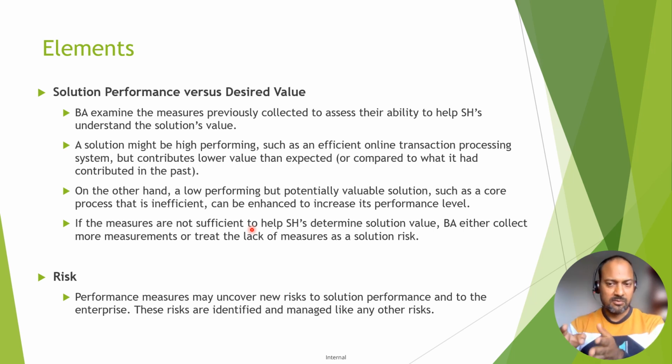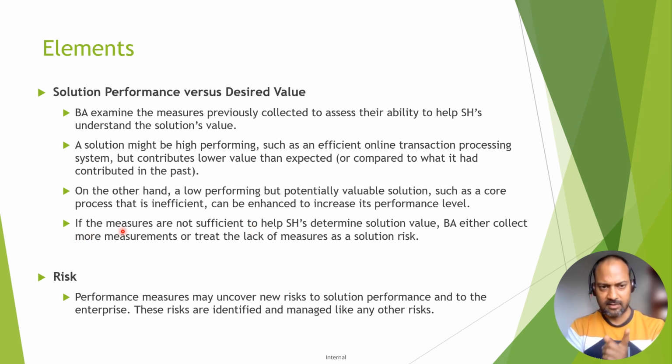So if those key performance indicators or the conversion metrics are not enough for the stakeholders to make a decision, the business analyst explores more conversion metrics or indicators to give more visibility and decision making power to the stakeholders so that they can find the value in that.